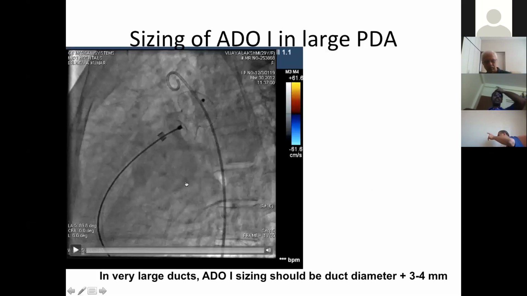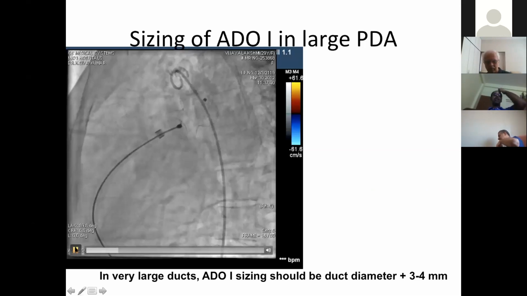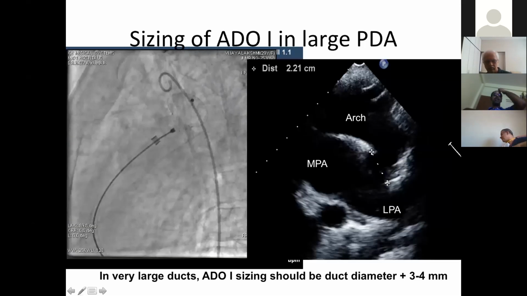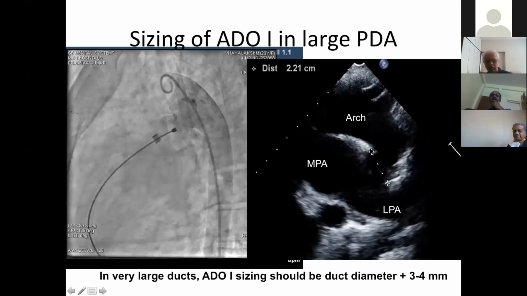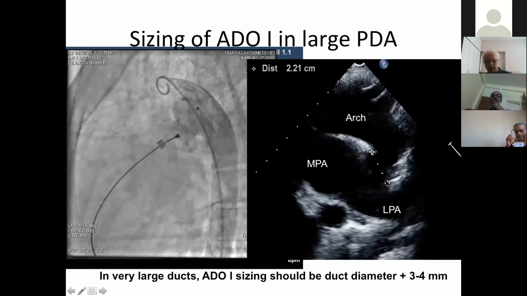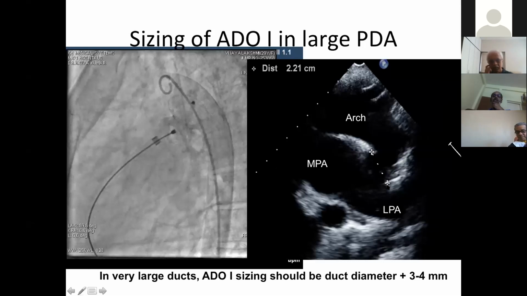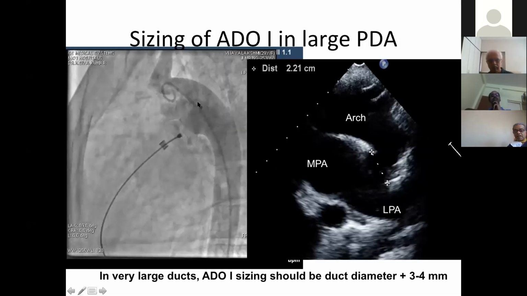Sizing of the ductus in a very large PDA is extremely difficult, especially if the patient is more and more of an adult. A patient who is having a 22 millimeter PDA, a window-like PDA, is getting closed with a 30, 28, the largest Lifetech PDA occluder.